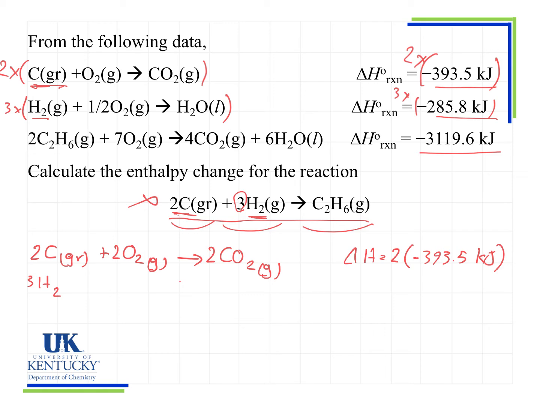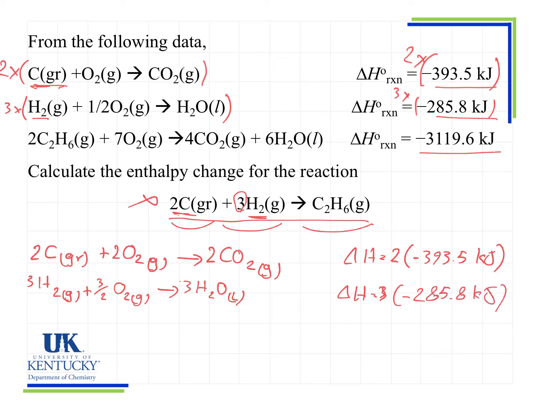Okay, so 3H2 in gas phase plus, we have 1 half times 3, so it's 3 halves O2 in gas phase will give you 3H2O liquid. Okay, and what is the delta H? It's 3 times negative 285.8 kilojoules.